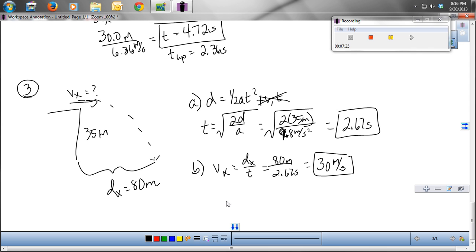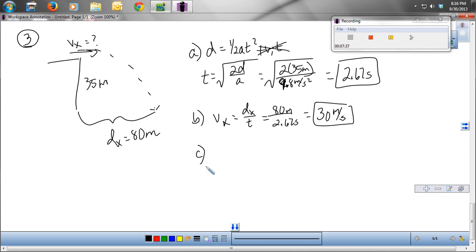And then my C was Vf equals Vi plus At. So Vf was going to be, that's 0, so it's 9.8 meters per second squared times 2.67 seconds. So when I did that, I got 26.2. But that's not what they wanted.